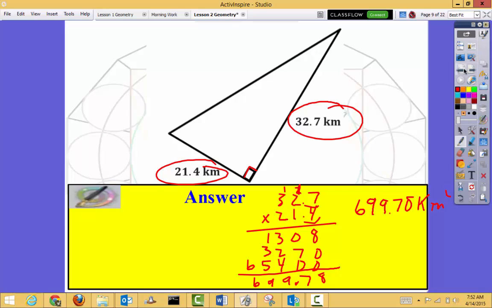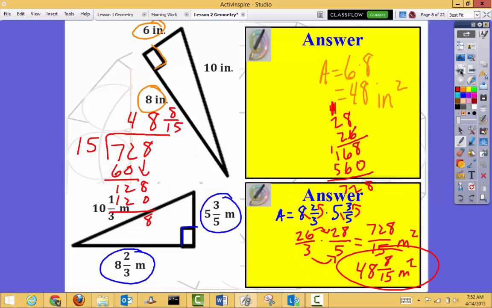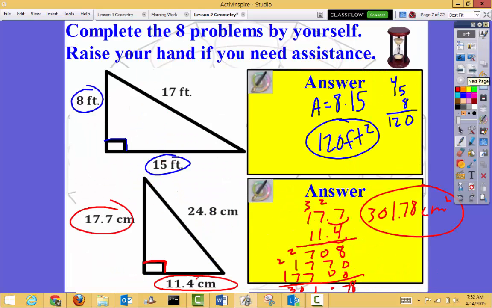Did you guys notice something that was forgotten? It was all the way back at the very beginning. How do I find areas of triangles? Remember, my area of triangles is area equals 1/2 base times height. What did I do in all these problems? I just did base times height.